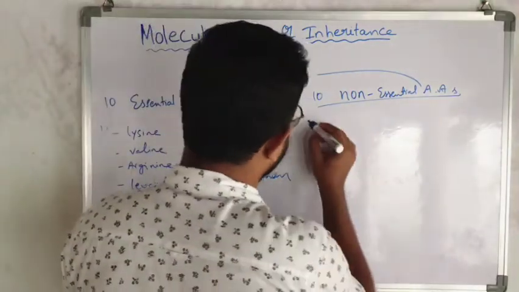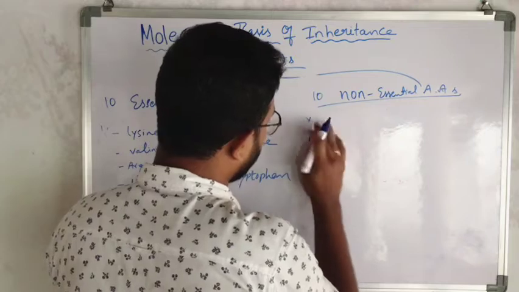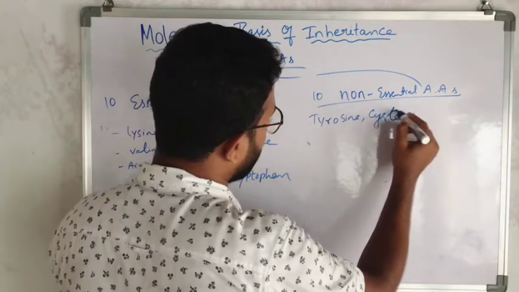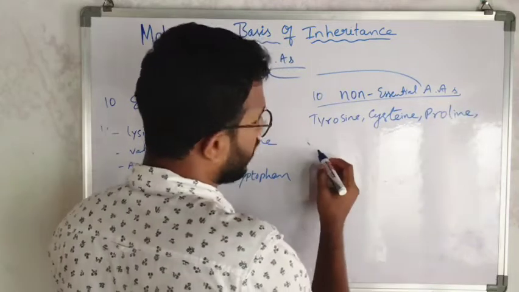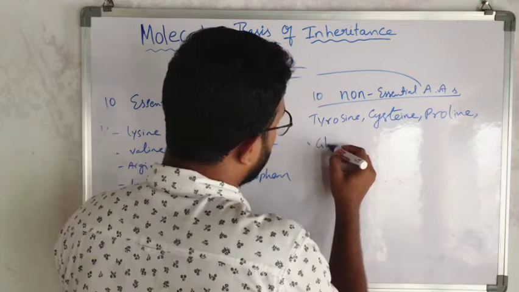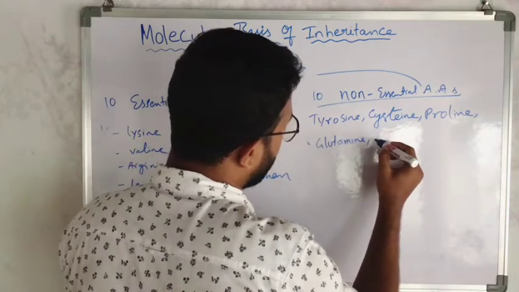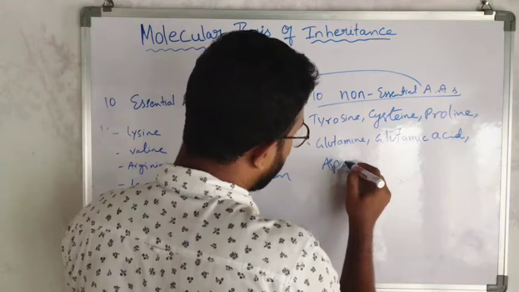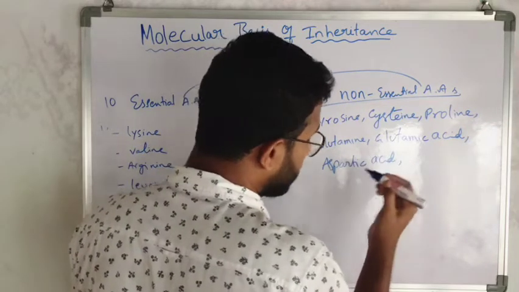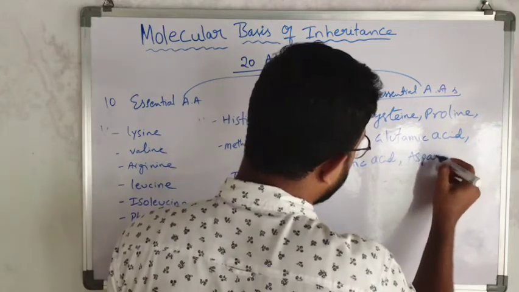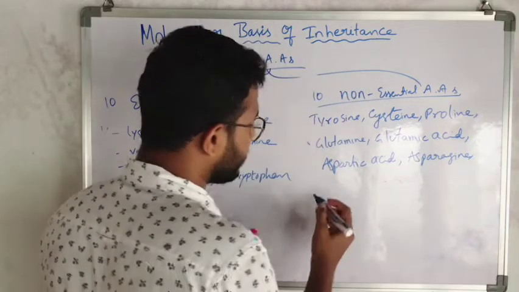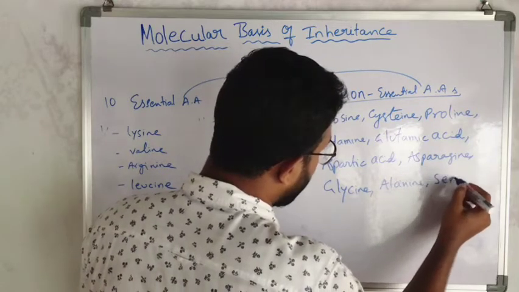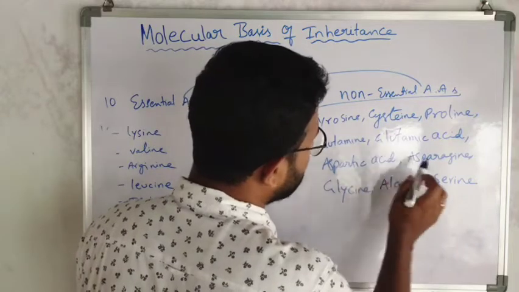And the remaining ones: tyrosine, cysteine, proline, glutamine, glutamic acid, aspartic acid, asparagine, glycine, alanine, serine. 1, 2, 3, 4, 5, 6, 7, 8, 9, 10.